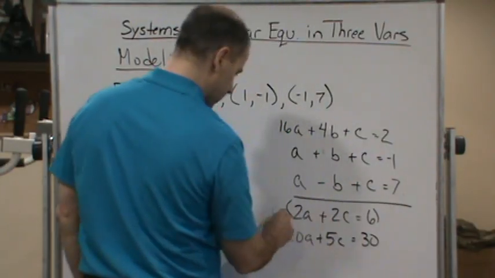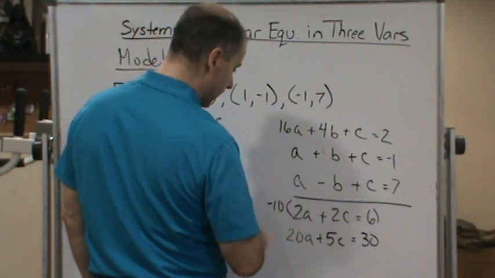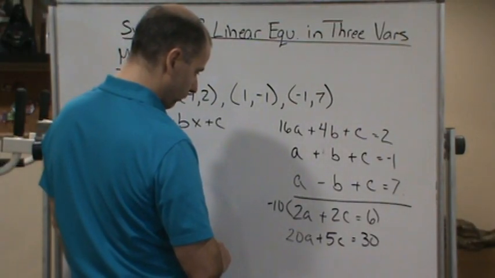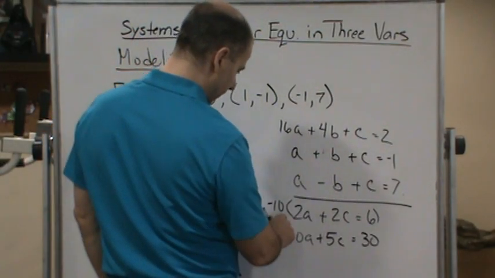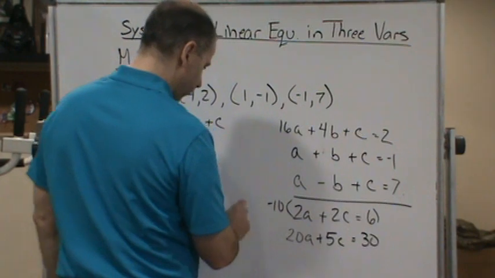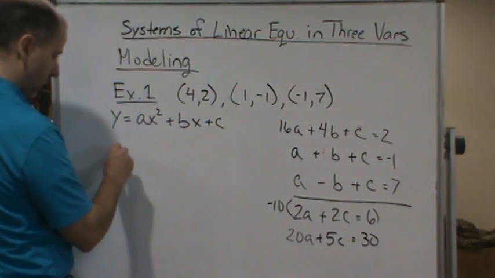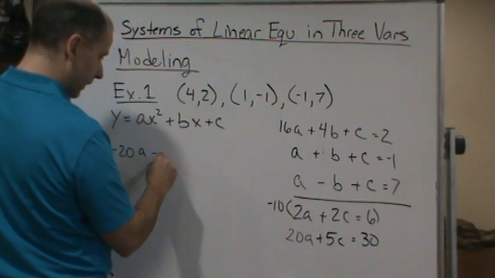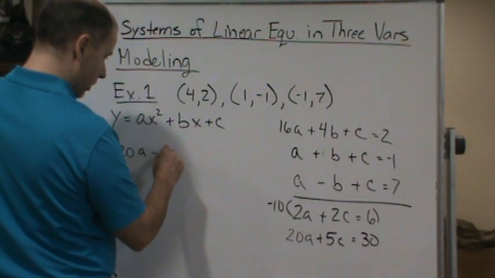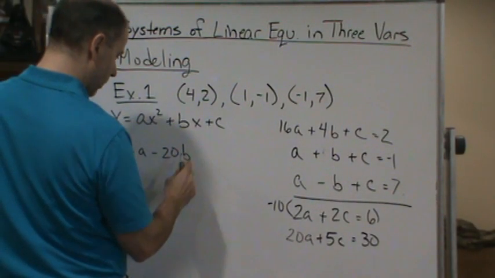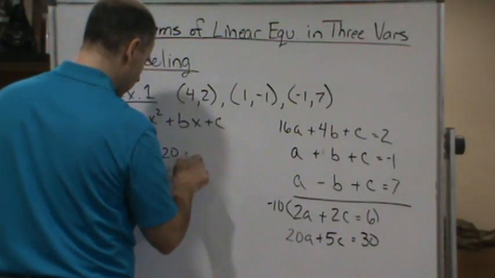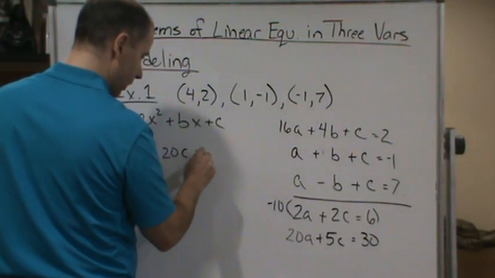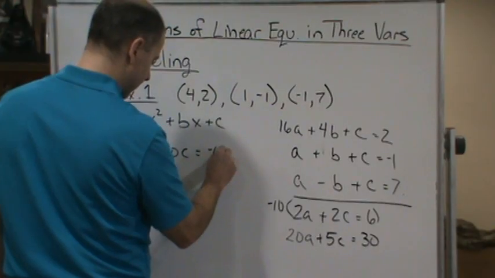So now I'm going to multiply the top one by -10. If I do that, I get -20a minus 20c is equal to negative 60.